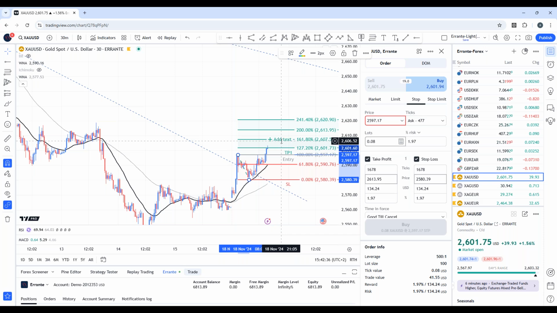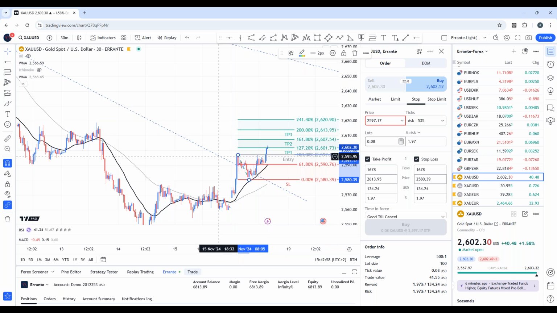And if you have watched our webinars on risk management, you have seen how we develop partial take profit levels using Fibonacci. This is a very easy way, and this is very helpful.